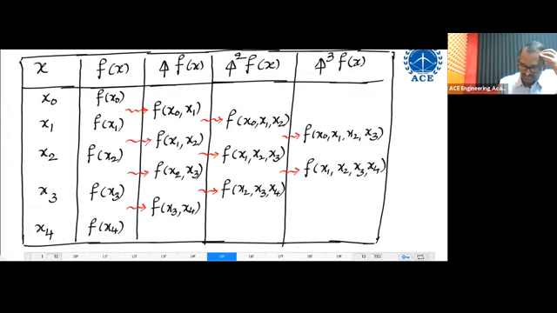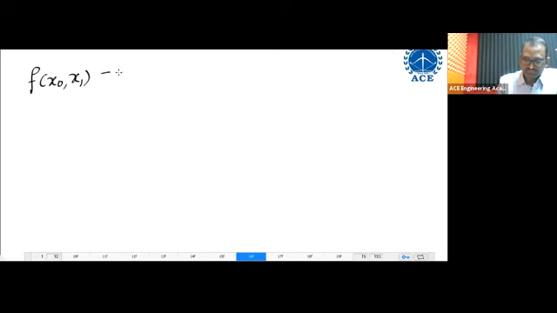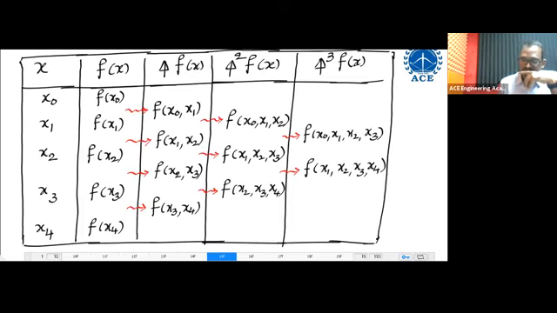So it is defined as this value minus this value divided by, look there, this value f of x0 comma x1 lies between these two. So this is defined as this minus this divided by this minus this, means x1 minus x0.